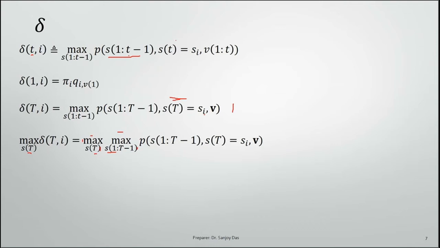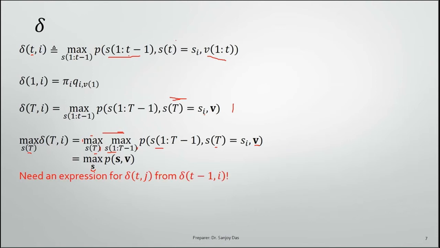So in fact, if we combine these two maximizations, this is maximization over the entire state sequence S1 through S uppercase T, which is this bold S here. And what are we maximizing over? This S1 through ST here, and V is the entire output sequence, which is the same as V1 through T.